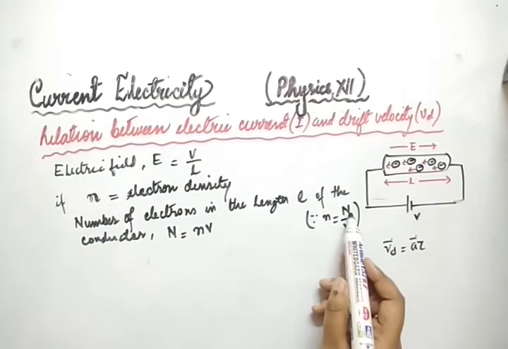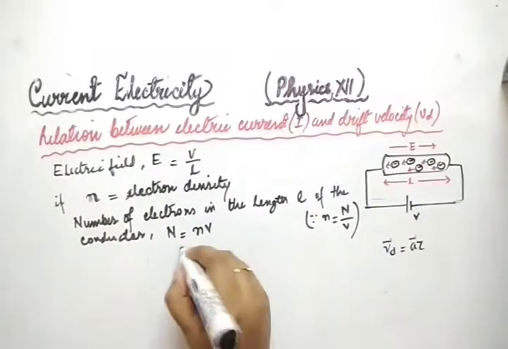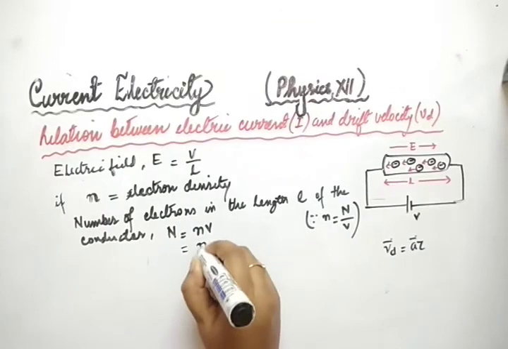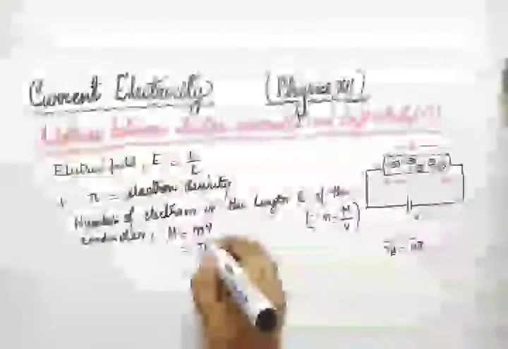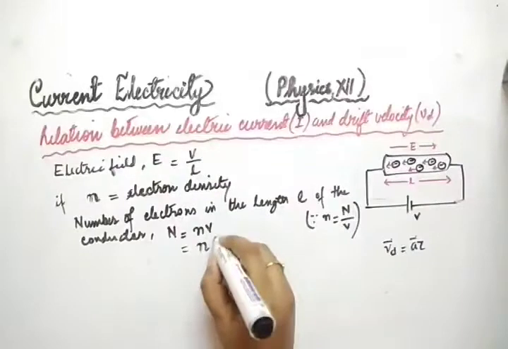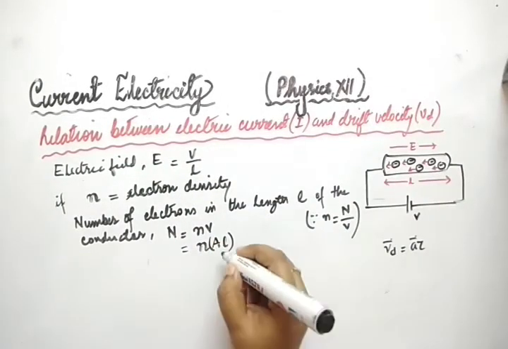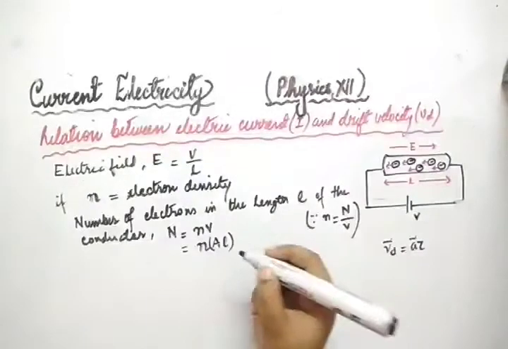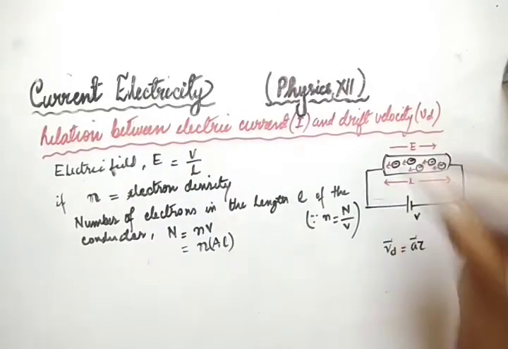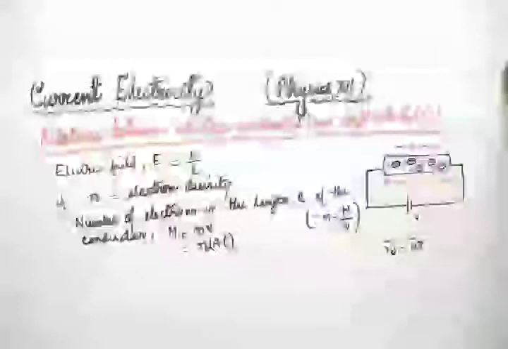Here V means volume, so we can write it as area into length, where A is the area of cross section of the conductor and L is the length of the conductor.